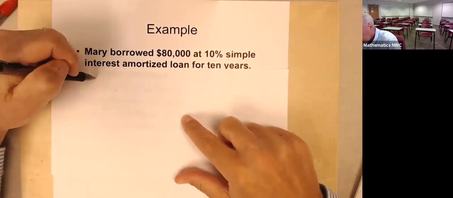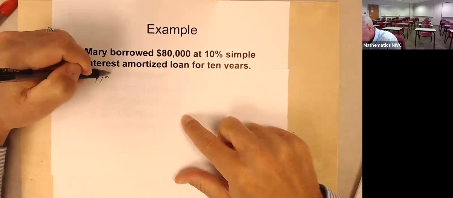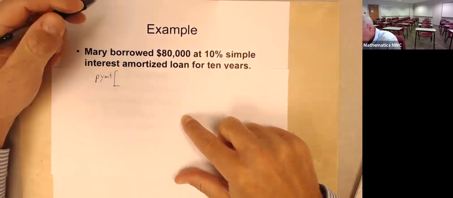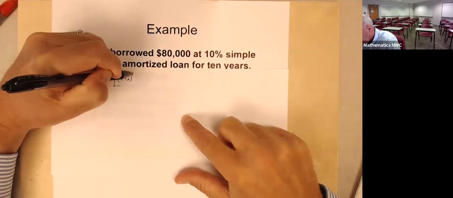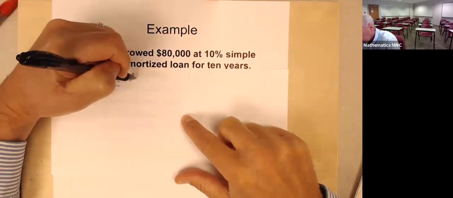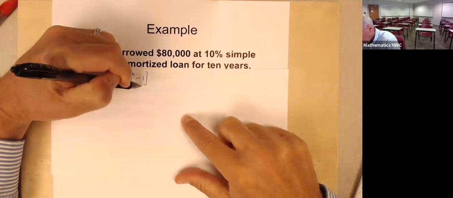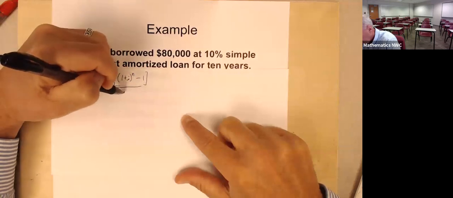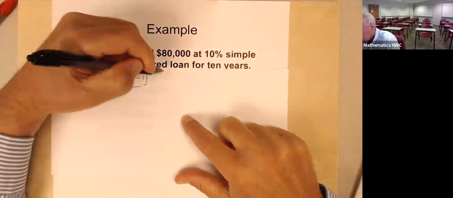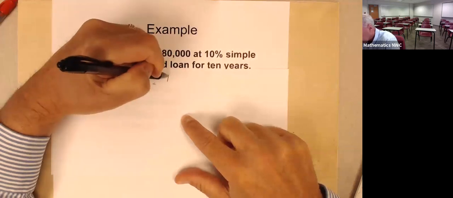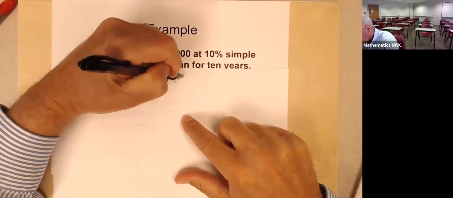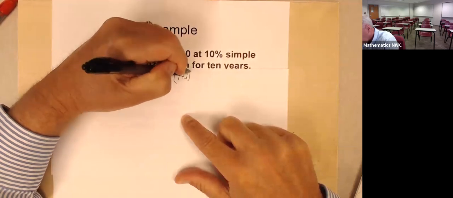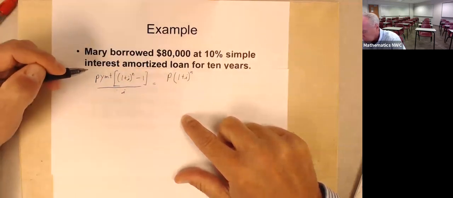Our formula, you remember, is the payment times parentheses 1 plus I raised to the nth power minus 1, over I, is equal to our principal, the amount borrowed, times 1 plus I raised to the nth power.